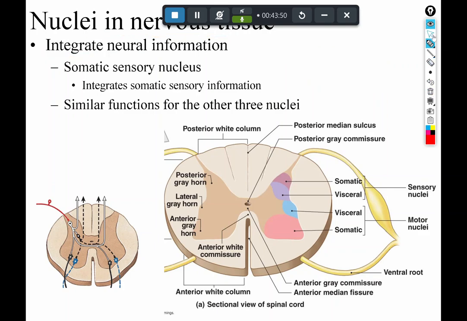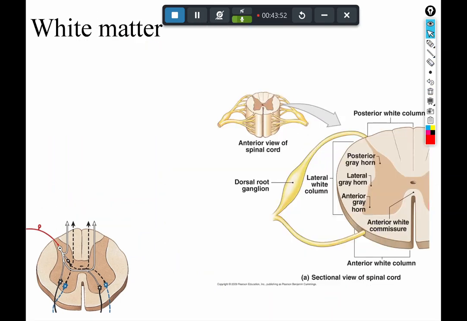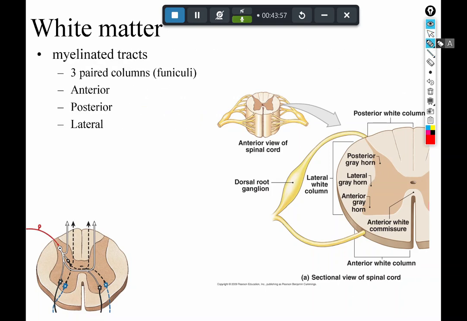Okay, so white matter is organized into tracts. And I think I would be remiss if I didn't remind you of the definition of tracts, which is groups of myelinated axons in the central nervous system. Because the spinal cord segments have bilateral symmetry, they're all paired. So there's 3 columns, which makes sense because this is ultimately a cross-section of a column, and they are paired.